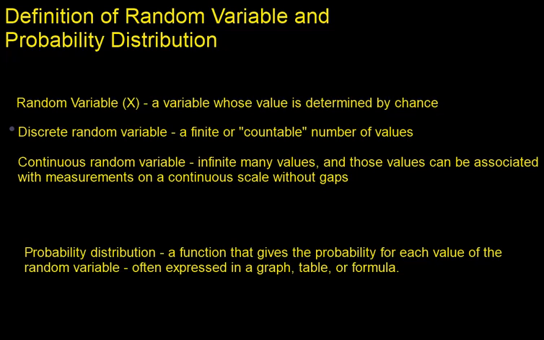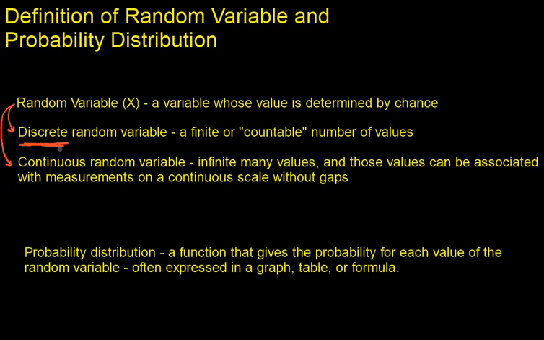There's two types of random variables that we'll go through in this class, discrete and continuous. We're going to focus on discrete here in the beginning, so during this chapter we're going to be focusing on discrete random variables, and then in the next chapter we'll focus on continuous random variables.